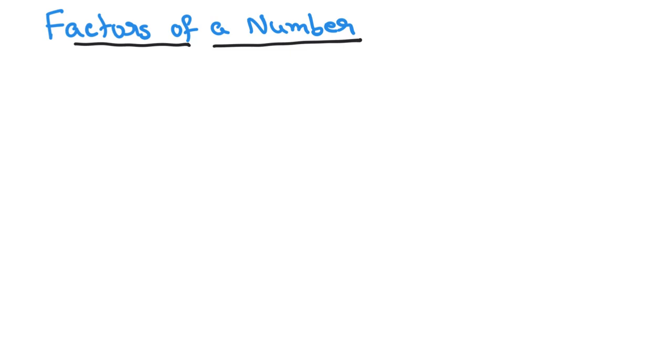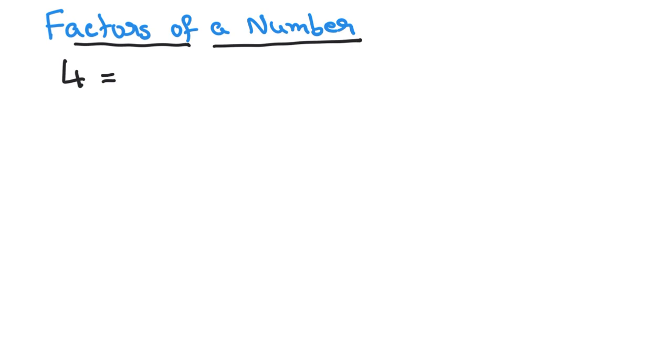Let us understand what we mean by factors of a number. Let's take a number again, say for example 4. Now, when we say factors of 4, it means all those numbers that can divide 4 completely, meaning the remainder has to be 0.